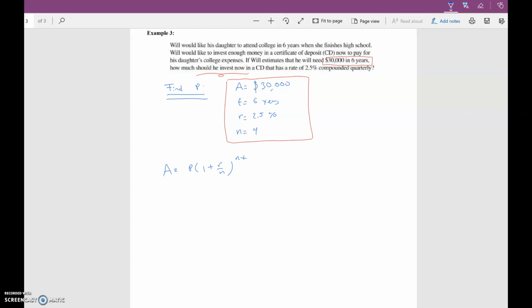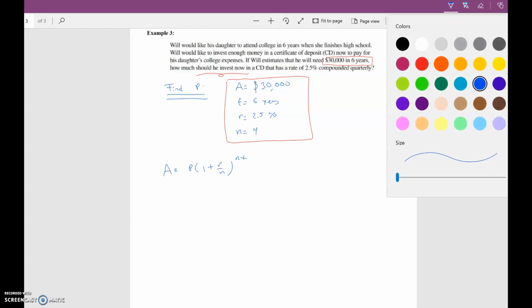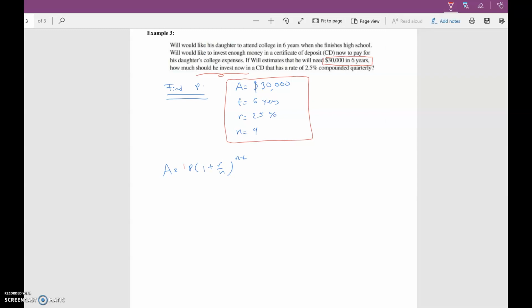In this particular one, we need to find the actual value of P. To find the value of P, you basically divide by 1 plus R over N raised to the NT, and you do that to both sides of the equation. And this is actually R.